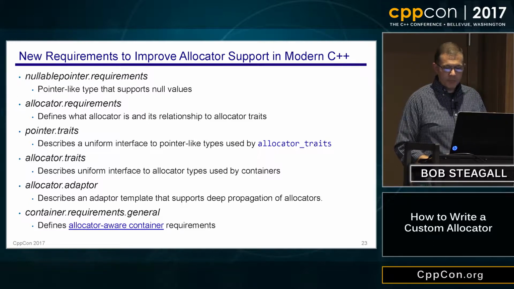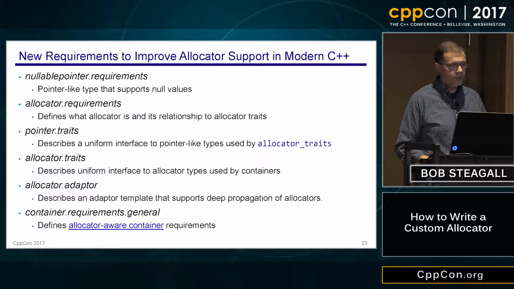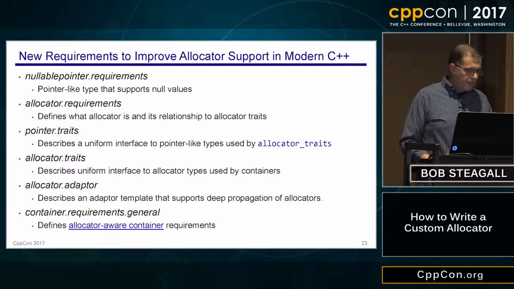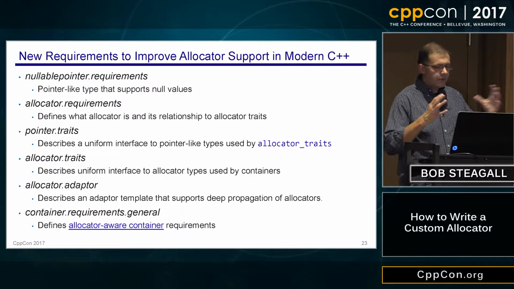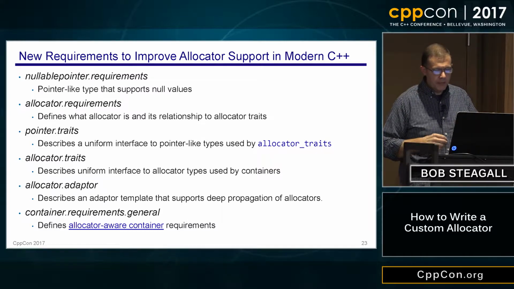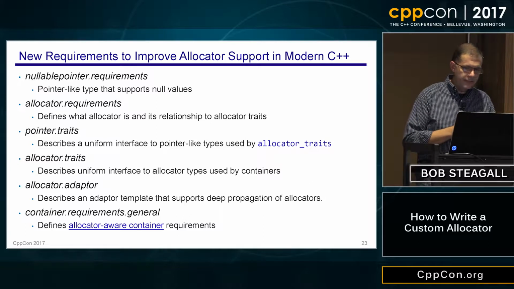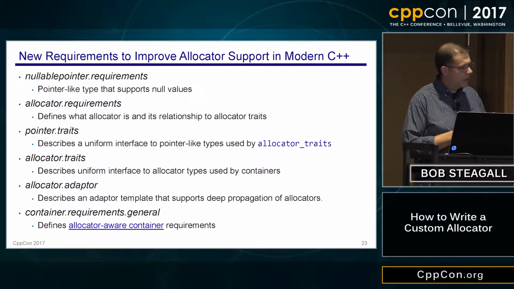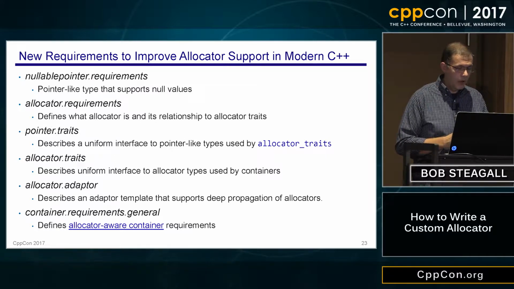So with C++11, there were a lot of changes in the standard to address the shortcomings of the old school allocators. This is a non-exhaustive list of different places in the standard where requirements were added that provide these new capabilities. They're not all in one place, they're spread all over. And the numbers keep changing, so if you want to look these things up, I've provided the tags by which these requirements are found in the standard.